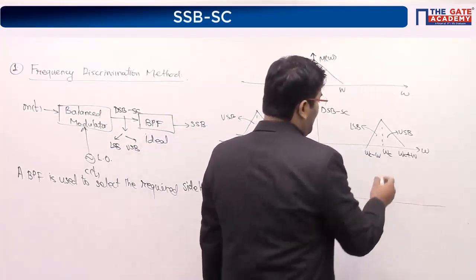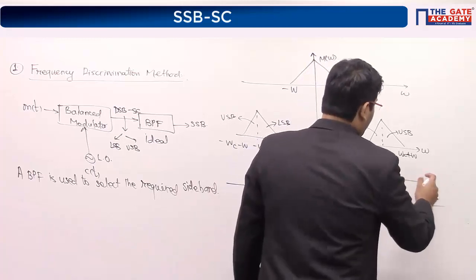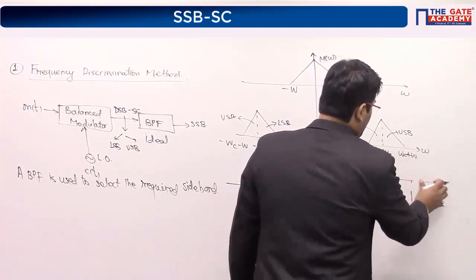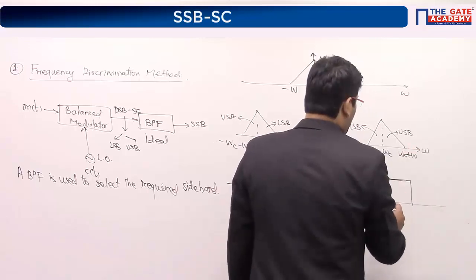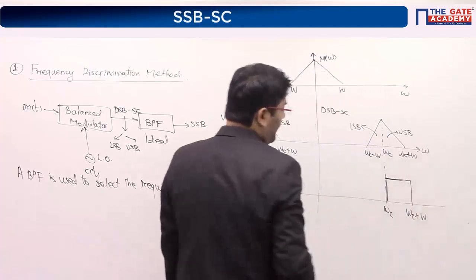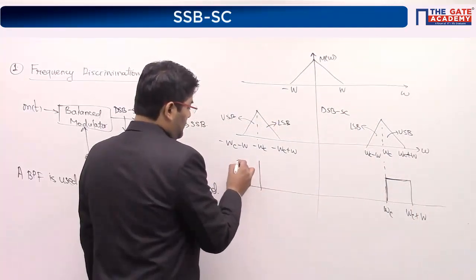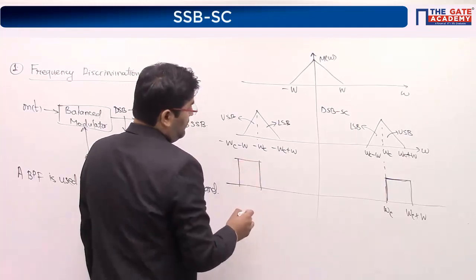Let's say that I want to get the upper sideband. So what will I have? I will have a band pass filter, something like this, of this cutoff frequency. It has sharp cutoff frequencies on the positive side and it will also be on the negative side, something like this. Correct?